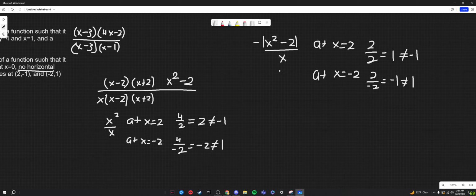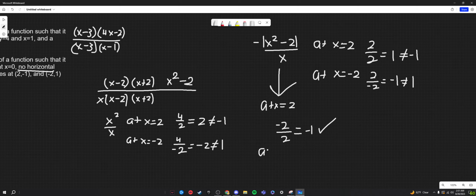But with this new function, we're going to evaluate it down here. So at x equals 2, we get 2 squared. Once again, 4 minus 2 is 2. But then we have negative 2 over 2, which is in fact equal to negative 1. So we got our first hole.